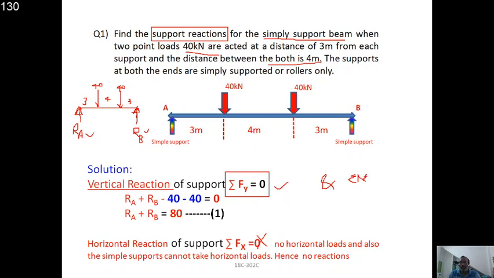So this is equation 1, sigma Fy equal to 0, and sigma Mz equal to 0 is equation 2. There are two unknowns and two equations are available, so with that we can solve. Knowns are equal to unknowns. Therefore we are applying sigma Fy equal to 0 to solve here.